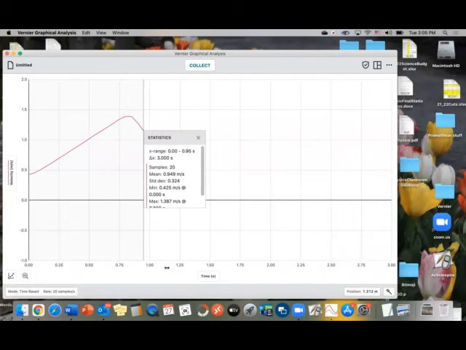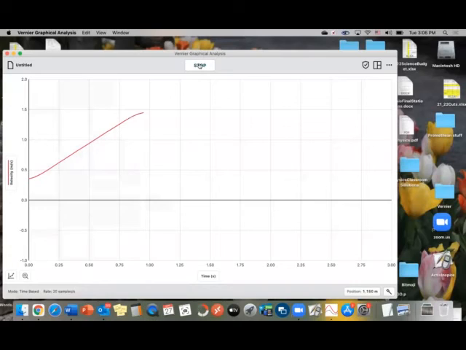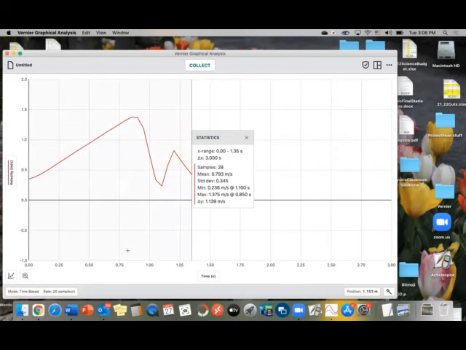And let's do one more, and that will be the last trial. And this is actually going quite well. Don't fall off there. Okay. So our velocity for that trial is 1.375. It's good data, guys.